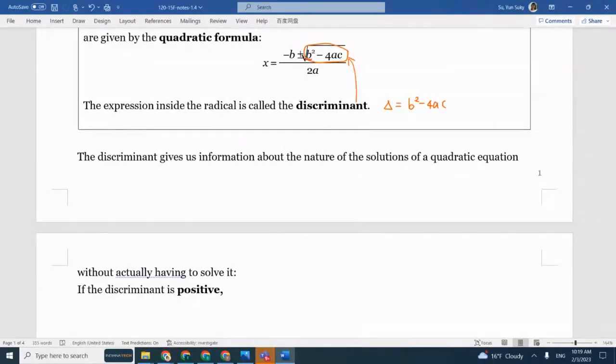Therefore, we have two solutions. They are both real numbers. So if the discriminant is positive, we have two real solutions.